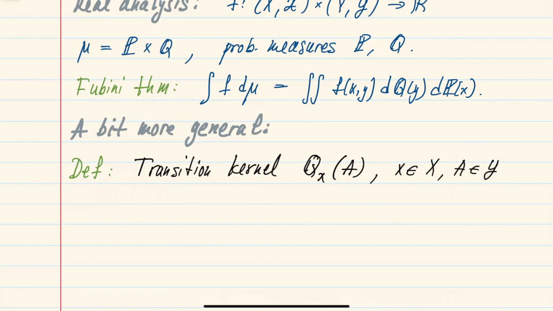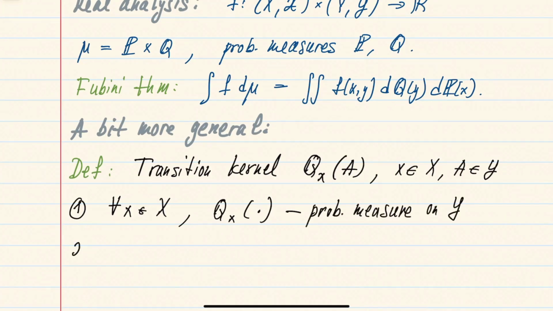And the transition kernel is any function of this form which satisfies the following two conditions. First of all, for any x, when you view this q as a function of a set, it's a probability measure on the sigma algebra 𝒴.